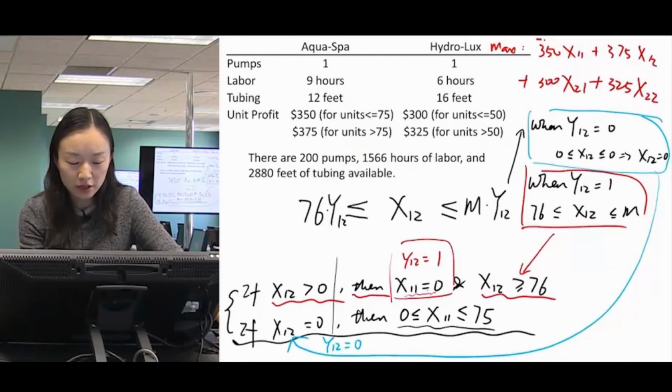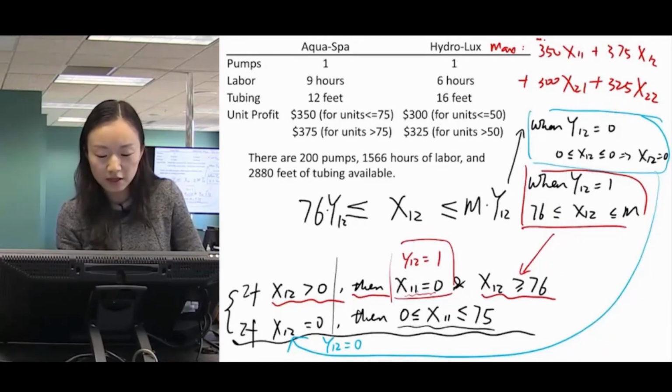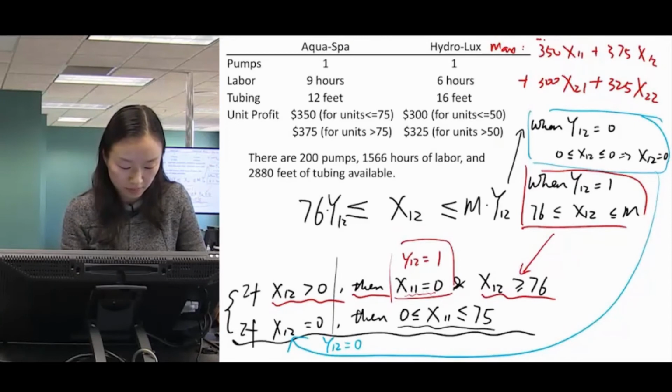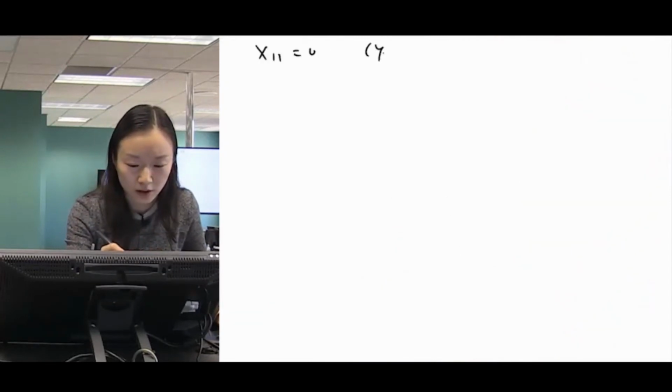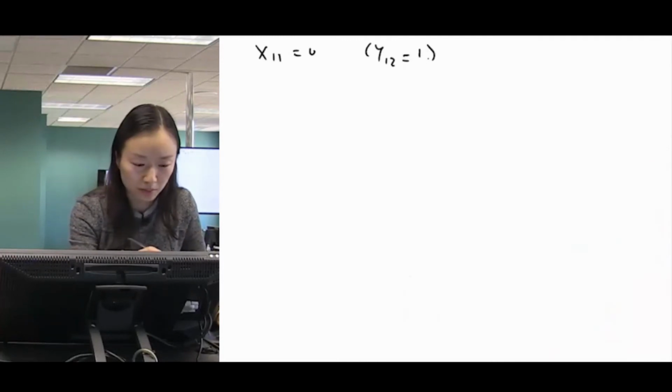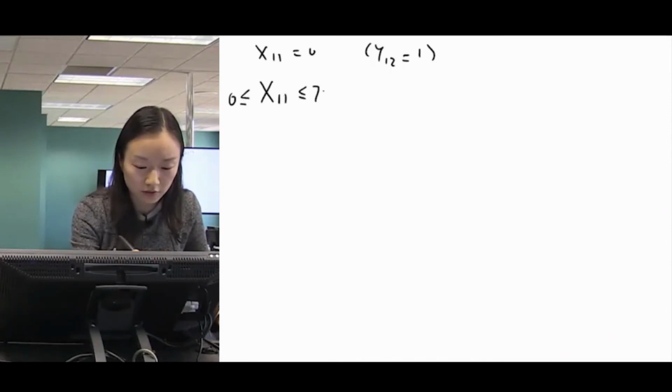So now we've already taken care of the x12 thing. Now what we want to achieve is, how do we write a constraint? The first thing is x11 equal to 0, okay? x11 equal to 0. At that time, the y12 equals 1. I just put it here to remind us. And the other thing we want is that it is between 0 and 75.